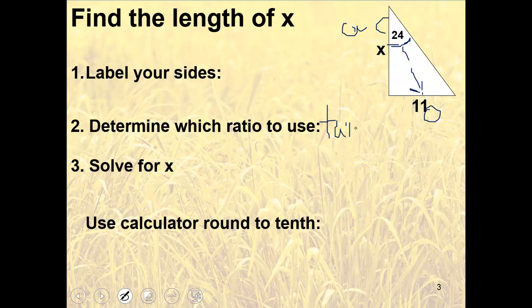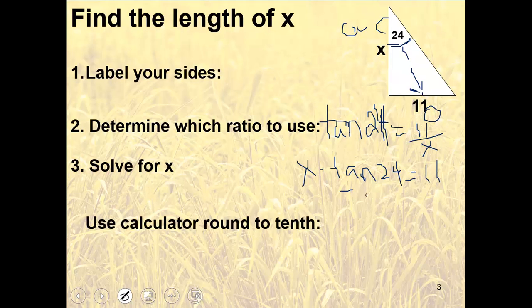So the tangent of 24 degrees is equal to the side opposite, which is 11, over the adjacent, which is x. Again, we're going to solve for x. We multiply both sides by x, and I get x times tangent 24 is equal to 11.